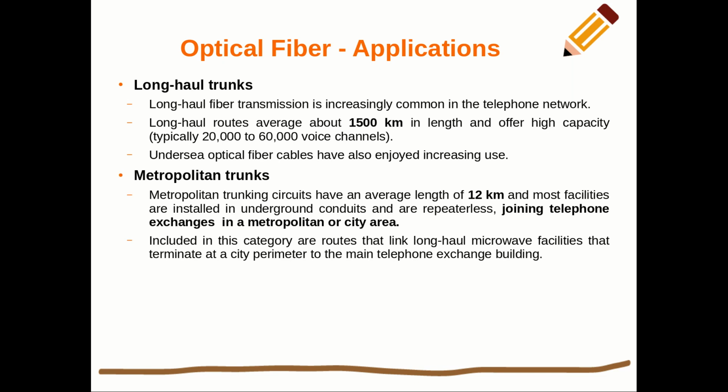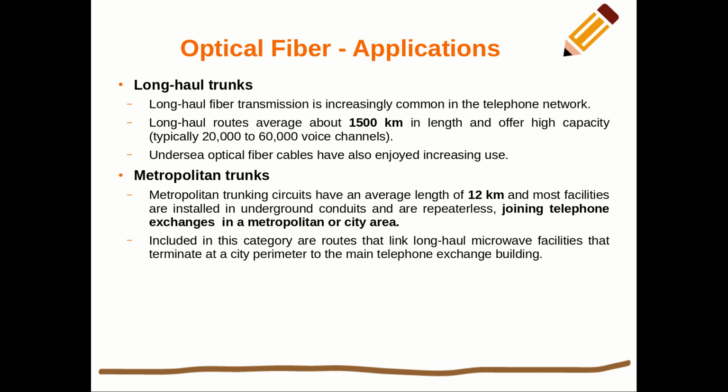So metropolitan trunks: metropolitan trunking circuits have an average length of 12 km, compared to the other one, because that is enough. And most facilities are installed in underground conduits and are mostly repeaterless. That means this 12 km they are typically providing without using any repeater. What is their role?